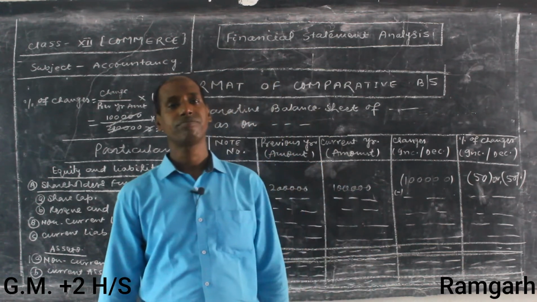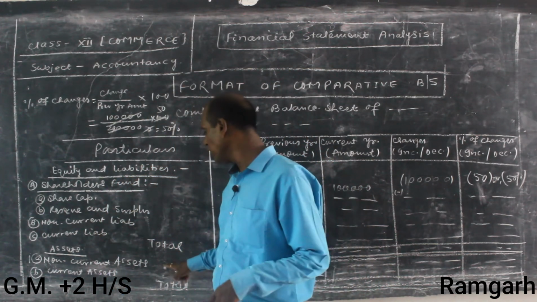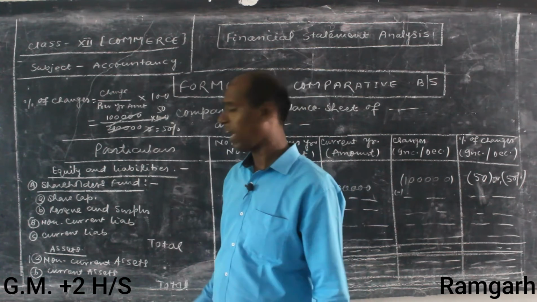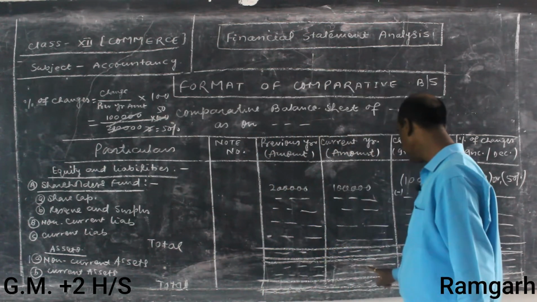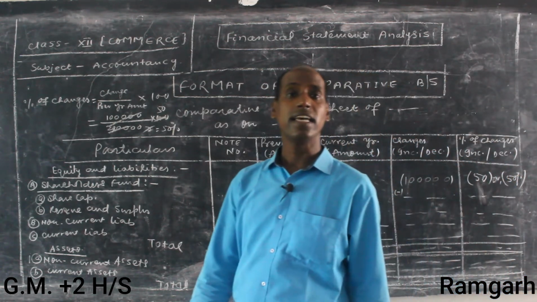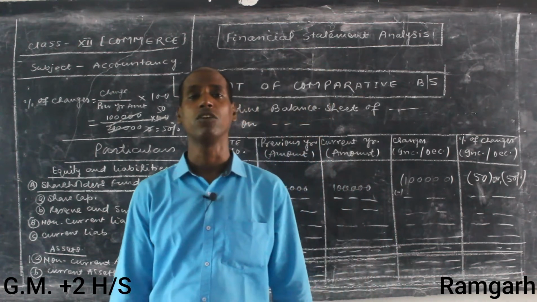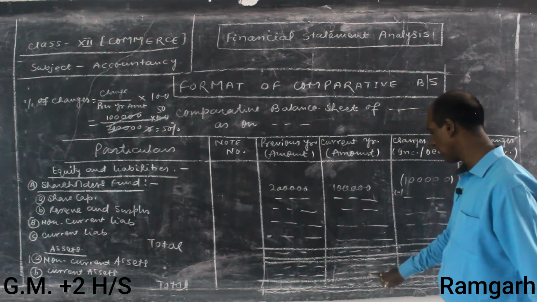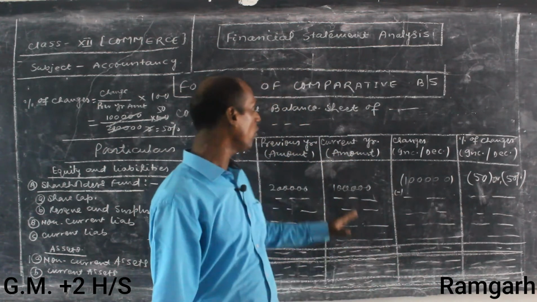As per the Companies Act 2013, non-current assets means those assets which are fixed, such as land and building, plant and machinery, furniture, etc. After putting all the items of non-current assets, with previous year, current year, increase, decrease, and percentage, then current assets: cash in hand, cash at bank, bills receivable, sundry debtors, closing stock, whatever may be, all the names put in current assets, with previous and current year, and thereafter changes and percentage of changes.